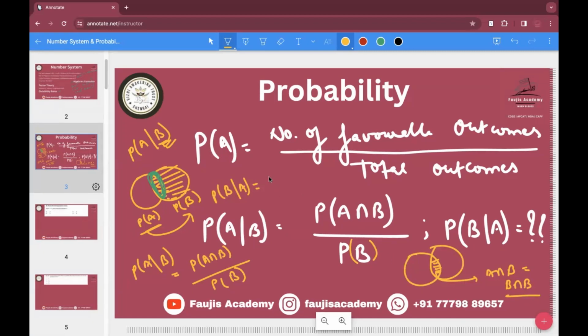But in the denominator, it's given B, so the probability of this one you will write in the denominator.